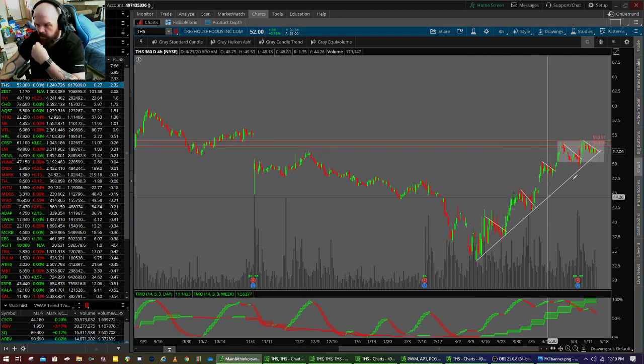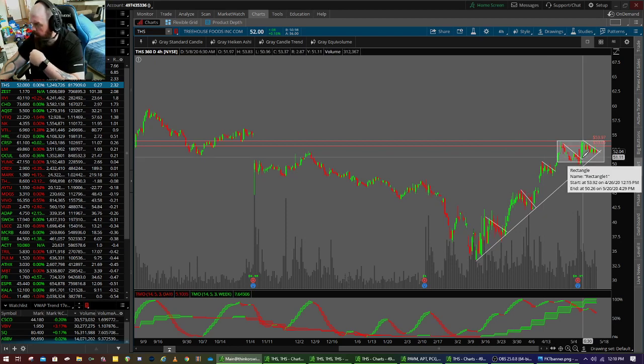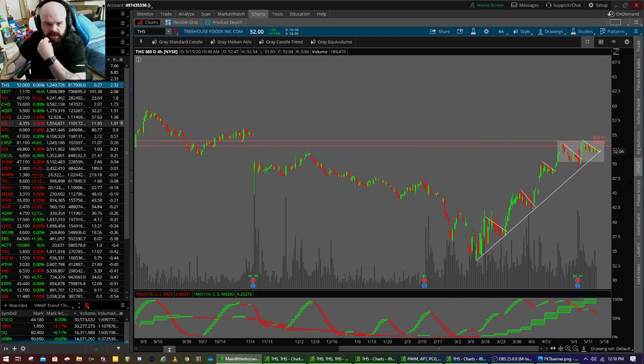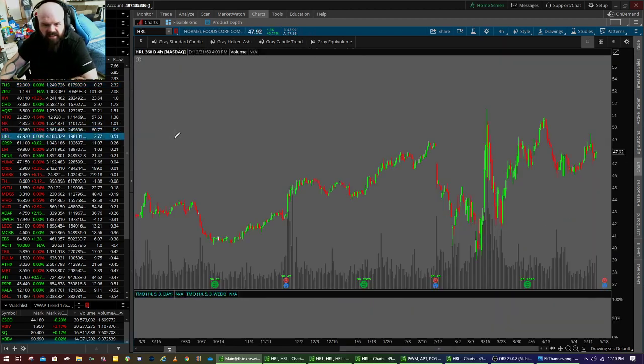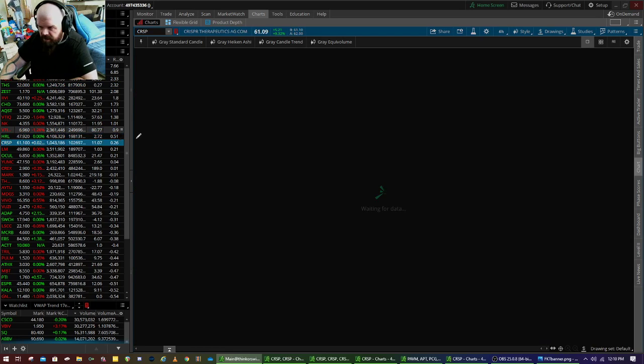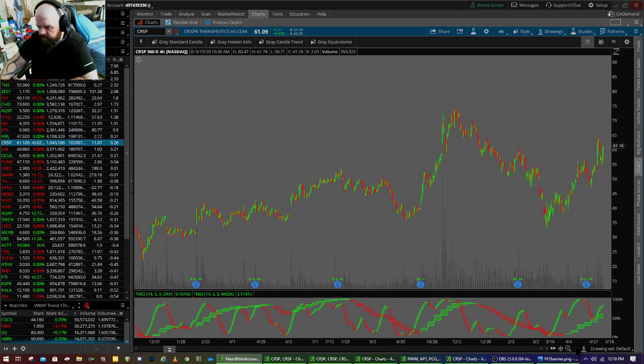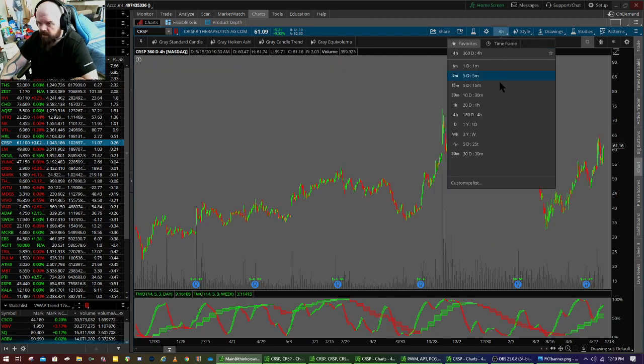Okay, if you can get this pattern on something that is like, let me see here, see if I can find VTIQ. No, VTIQ is not a good example. Let me switch these to daily candles.